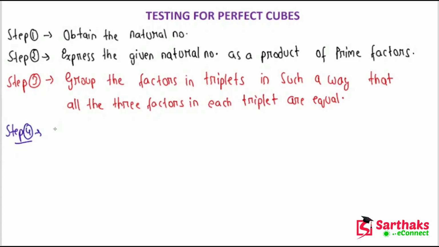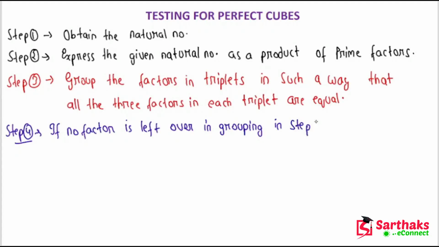So this step says that if no factor is left over in grouping, in step 3, then the number is a perfect cube, right?